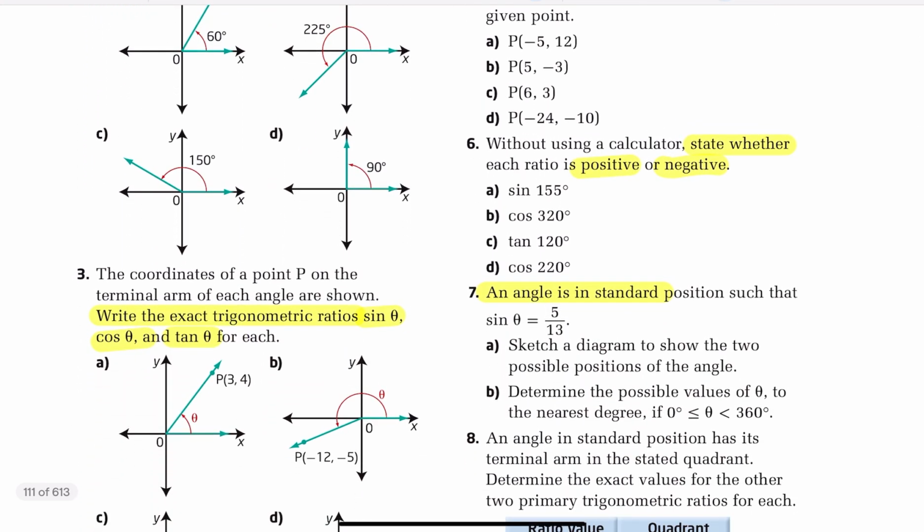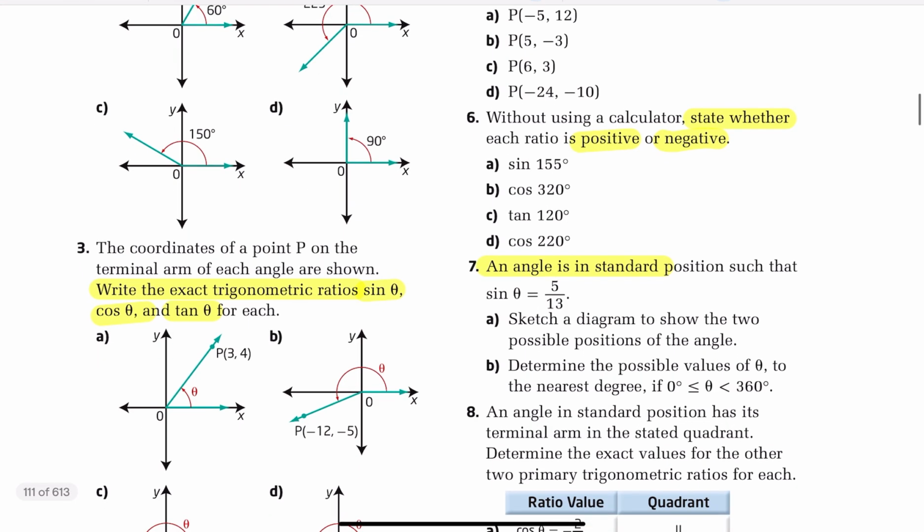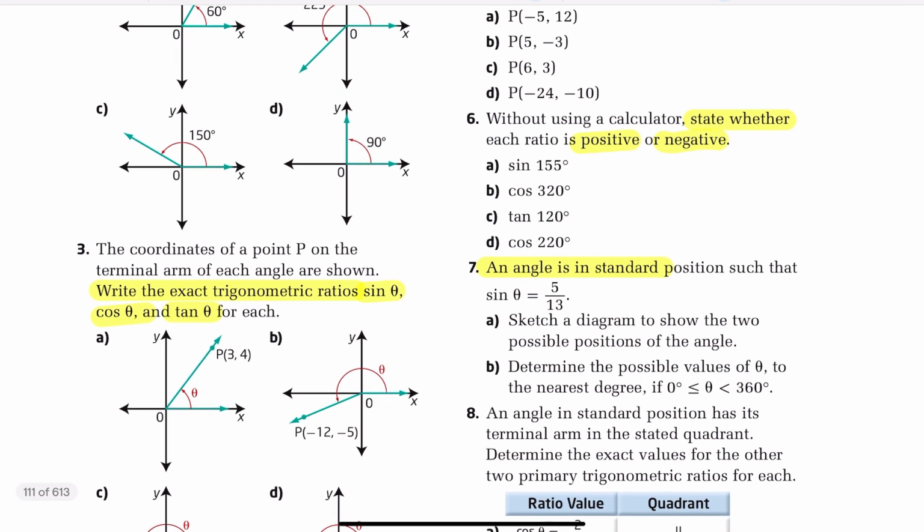Okay, the coordinates of point P on the terminal arm of each angle are shown. We write the exact trigonometric ratios of sine, cosine. Very easy stuff. So you have here 4 and this is 3, this is 4.